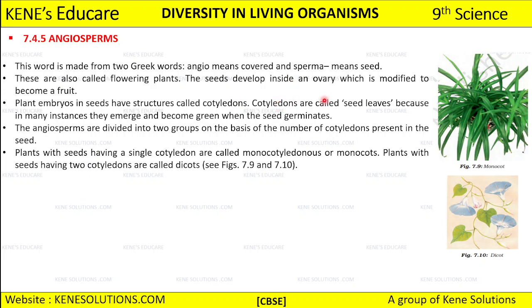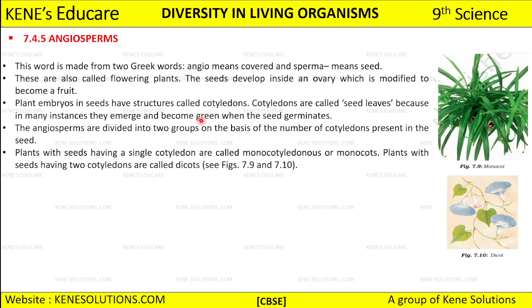Cotyledons are called seed leaves. Why? Because in many instances they emerge and become green when the seed germinates. When the seed is germinating, you will see the leaves turning green in color.